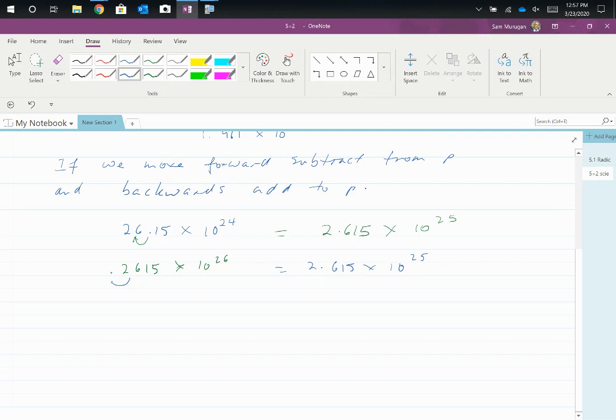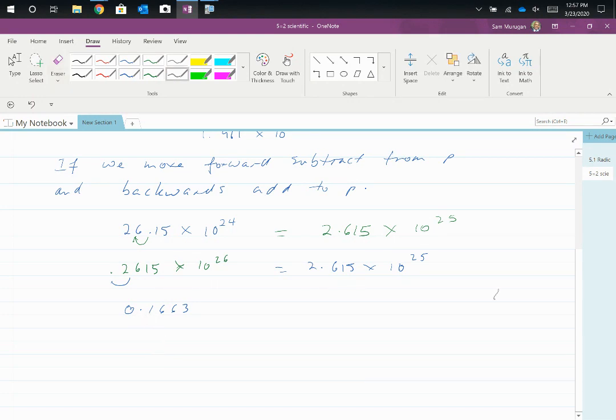So if I've got, say, 0.1663, and I wanted to convert this to scientific notation, to get to that number between 1 to 10, I would have to move the decimal point one place forward. Now, think about this before we do anything here.